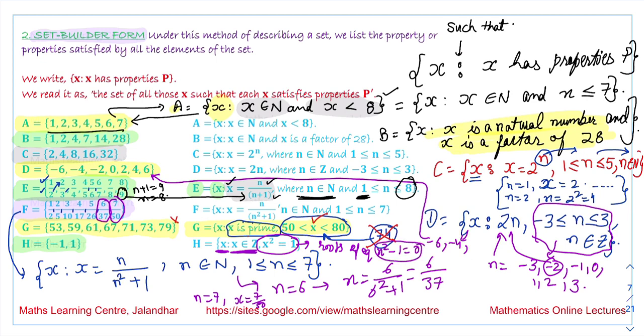It is up to you whether you write it in this form, that h is equal to x, x belongs to z, x square minus 1 is equal to 0, or in this form, the roots of the equation x square minus 1 is equal to 0.